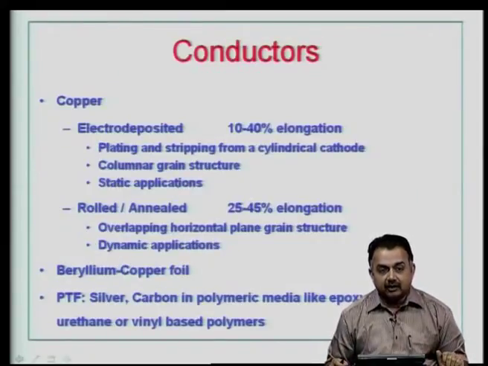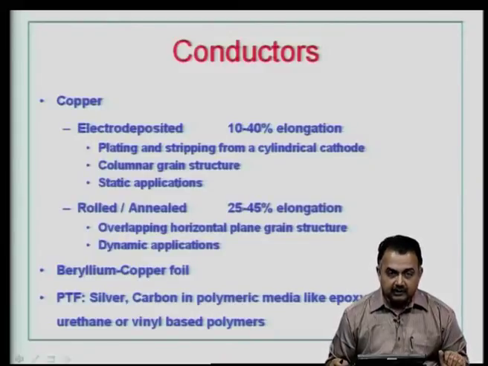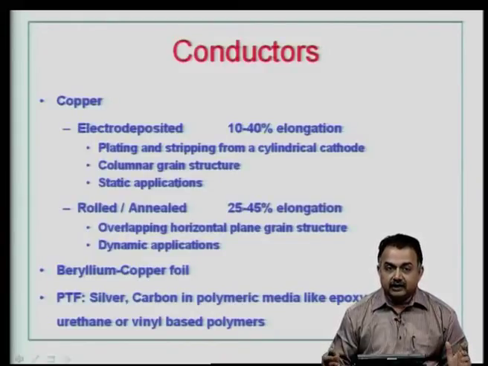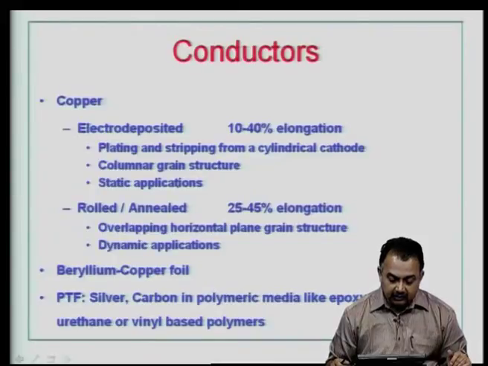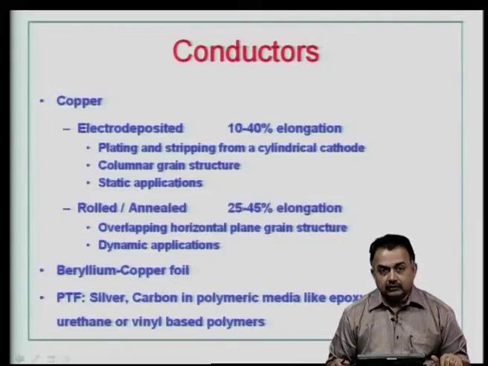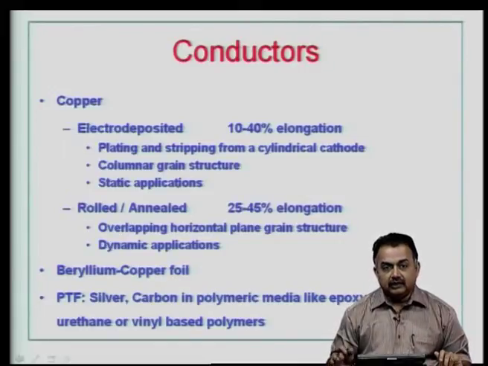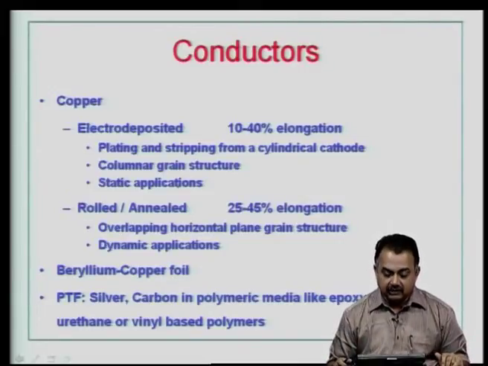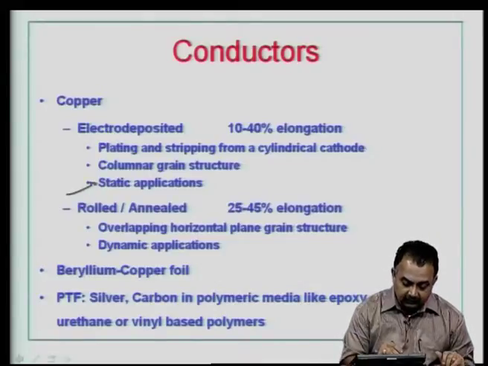Conductor is essentially copper. It can be electrodeposited. We have seen the electrodeposition process, plating and stripping from a cylindrical cathode. You get a columnar grain structure, static applications. So, typically the elongation here is 10 to 40%, therefore, that is why we use it for static applications.